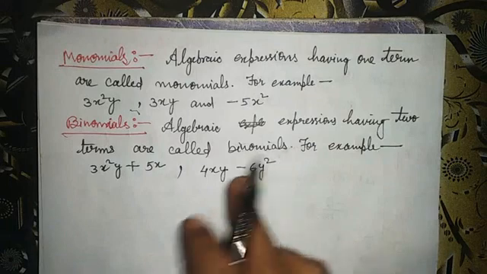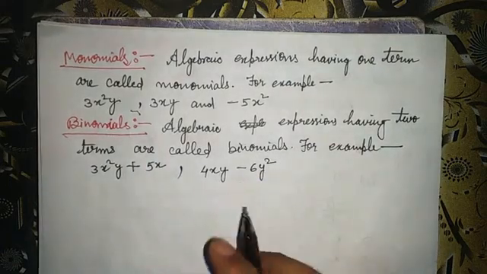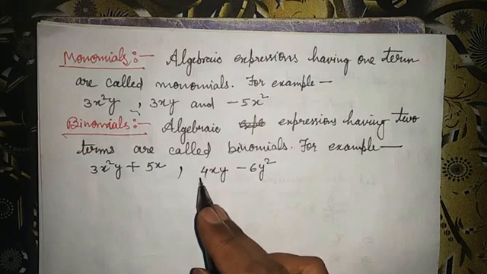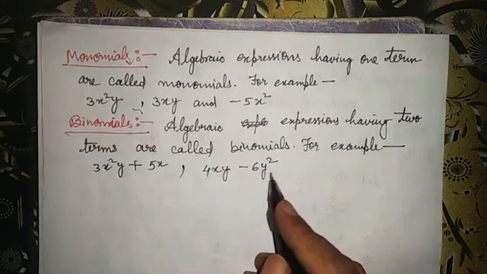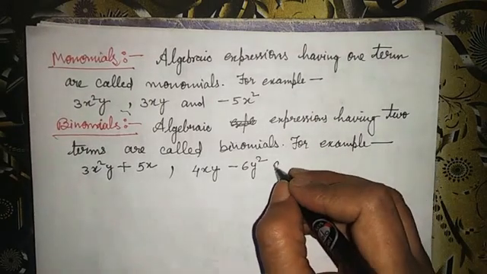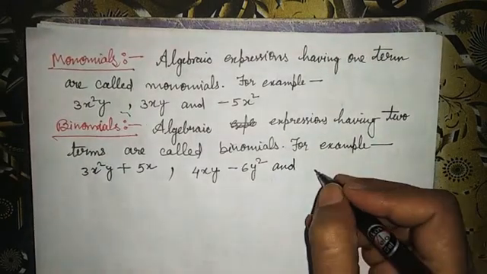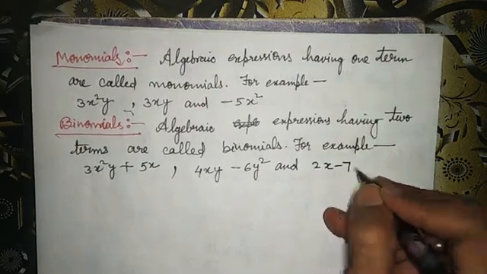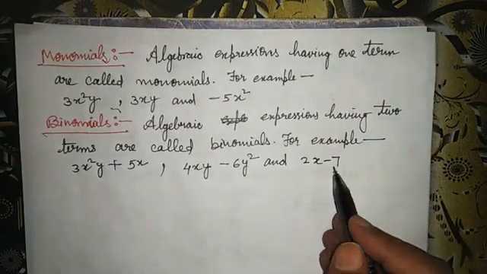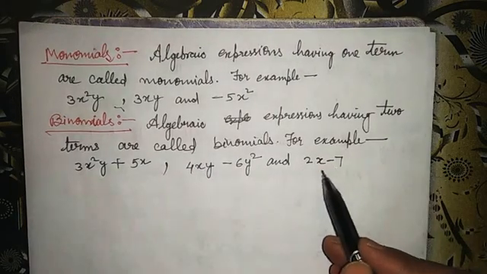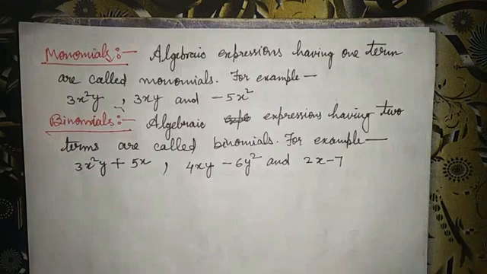In this expression also you can see two terms. First term is 4xy and second term is 6y square. And see one more example: 2x minus 7. Here also you can see two terms. So this is also a binomial.